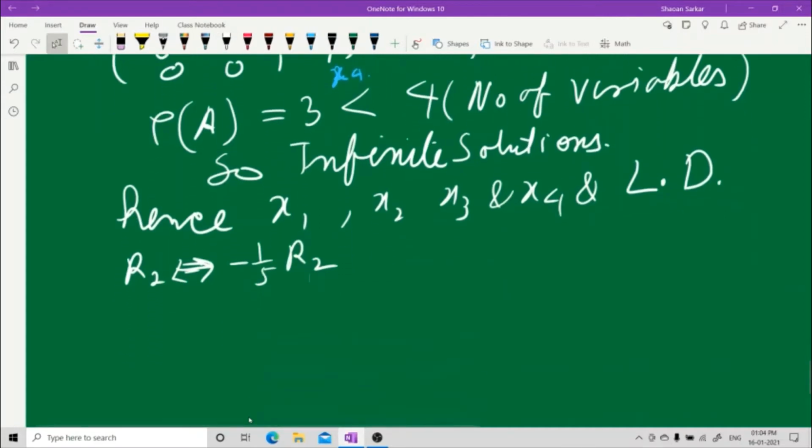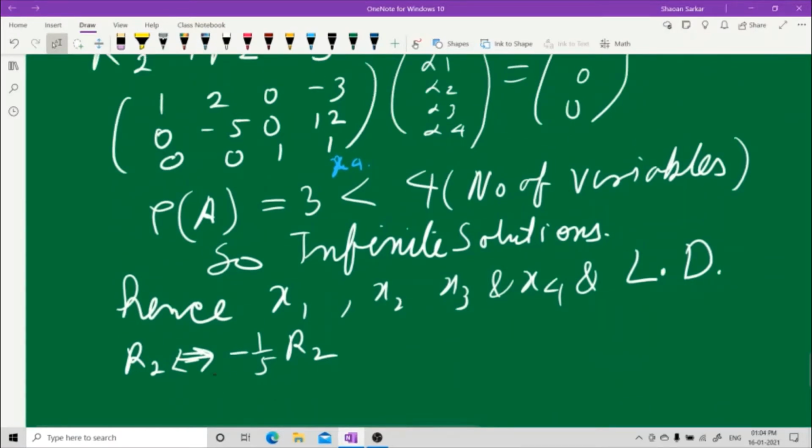Now you see what happens is this. Let me copy this matrix below. I think that would be easier.